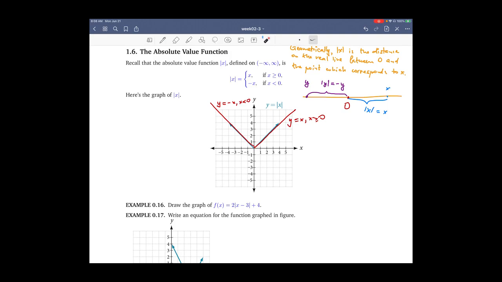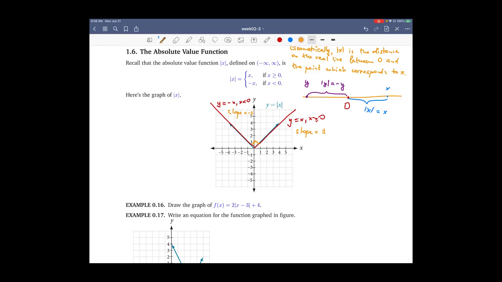By the way, what is the angle between these two lines, y equals x and y equals negative x? Because the slope of y equals x is 1, and the slope of y equals negative x is negative 1, the product of the slopes is negative 1, and as we learned last time, that implies that the angle between the two lines is 90 degrees.